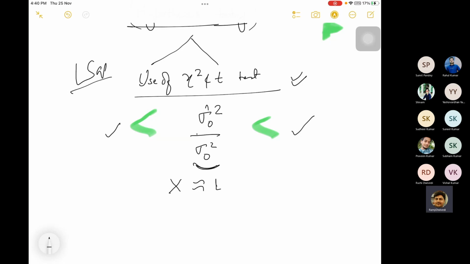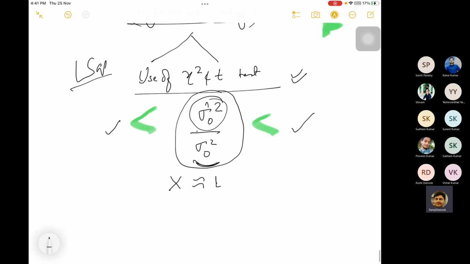As I've told you earlier, while starting this module of hypothesis testing, we are more interested in finding out whether my adjustment procedure is okay or not, rather than what is the value of sigma naught hat square. So we are not more interested in this value. Instead, we are interested in whether this is within that range or not.